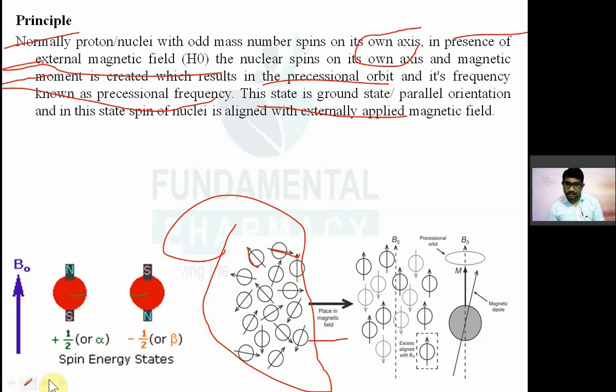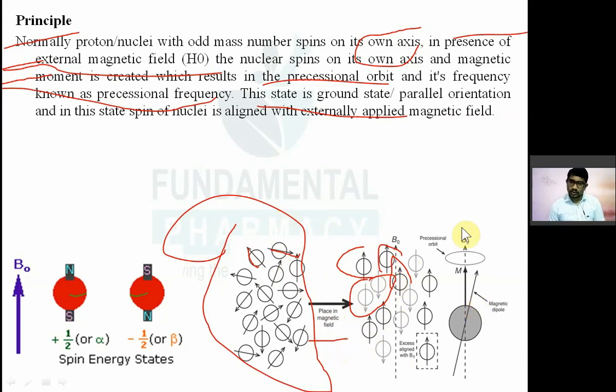Wherever you have applied the magnetic field from, they will be parallel. What does parallel mean, you can see here, they will be parallel to the applied magnetic field, like this. This is one spin state. Or these nuclei can oppose the applied magnetic field. Oppose means, look, like this. They can either align with the applied magnetic field or oppose it. Now this is known as a ground state.